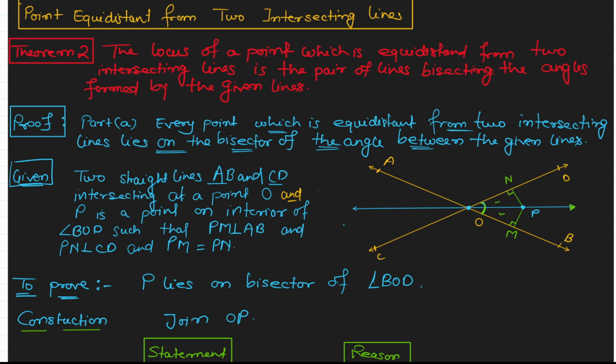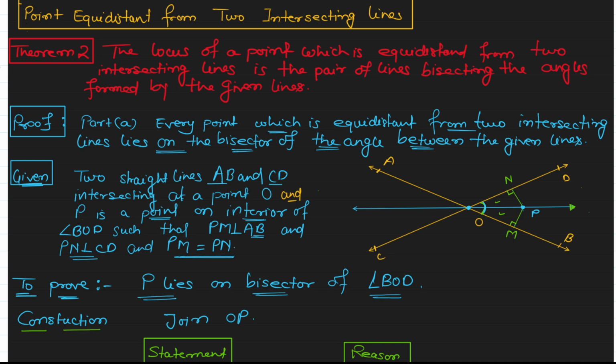Two straight lines AB and CD intersect at point O. P is a point in the interior of angle BOD, such that PM is perpendicular to AB and PN is perpendicular to CD, and PM equals PN. Now we need to prove that P lies on the bisector of angle BOD.